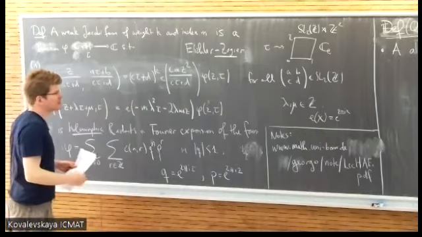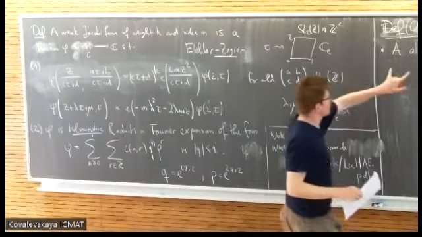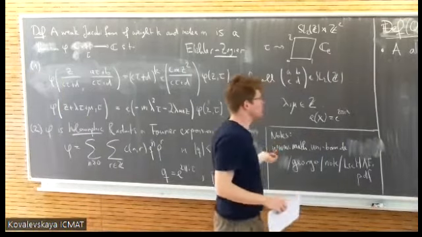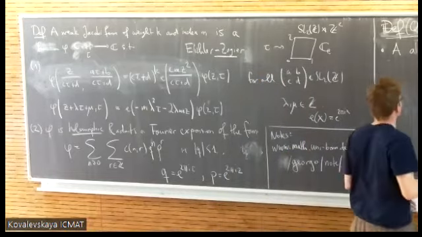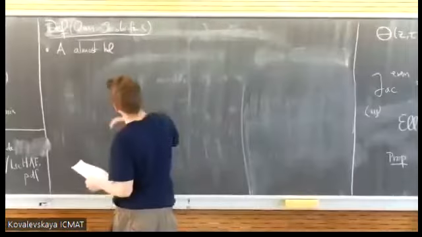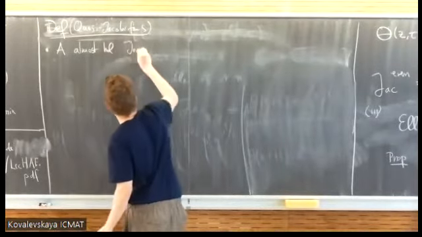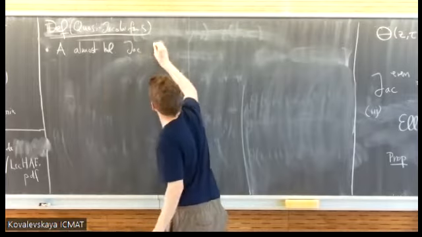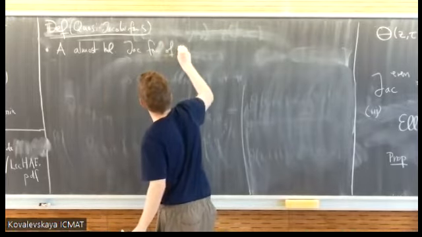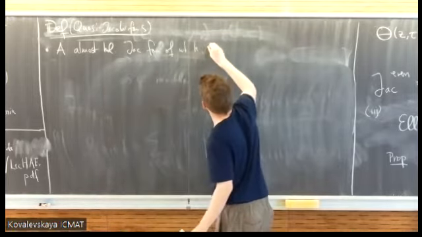First we define almost holomorphic Jacobi forms, and then we define the quasi-Jacobi form as the constant terms, or the holomorphic parts, of almost holomorphic Jacobi forms. So almost holomorphic Jacobi forms of weight k and index m.